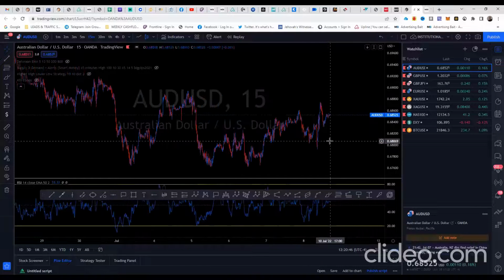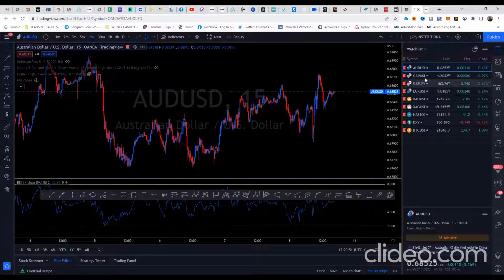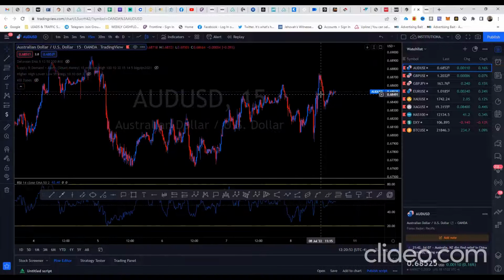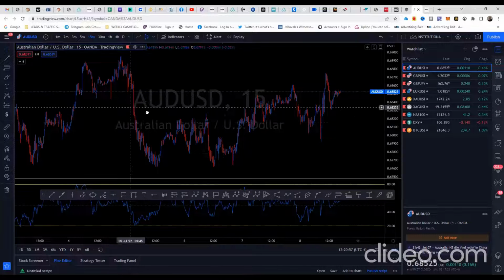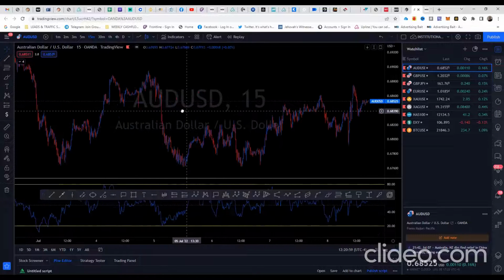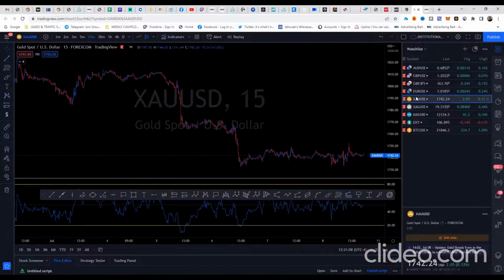Now, the first thing I want to do is look through all of my pairs to see which one has the best setup. My goal is to get into a pair that is already trending. Now, if I look at all my pairs and I see that all pairs are consolidating, then I'm probably going to be looking at gold, see if that has a good setup.